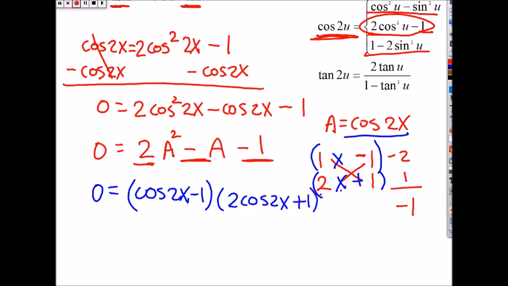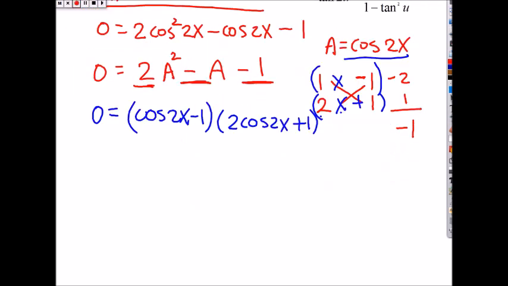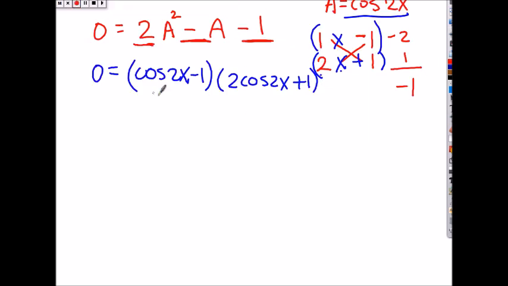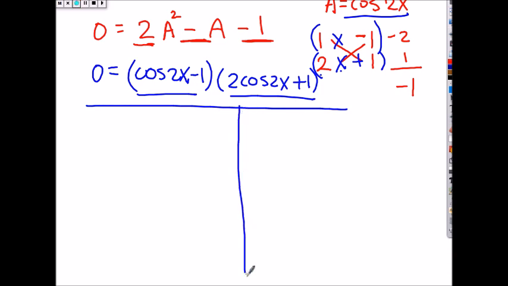So from here, it's exact same thing. You just go ahead and find when this becomes 0 and that becomes 0. So it's like 2 questions in one. Cosine of 2x minus 1 becoming 0, and 2 cosine of 2x plus 1 becoming 0.